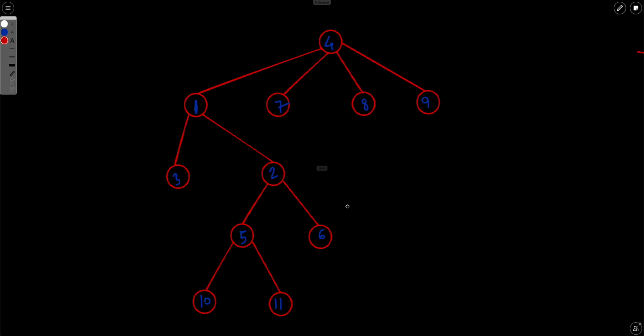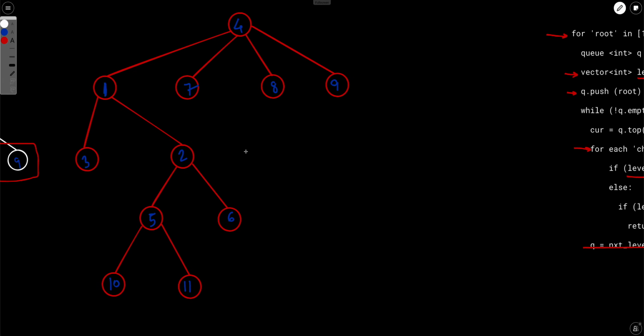Let's look at it. Let's say you are at this level, visiting 2 currently, so this is your current node. Now, when you are visiting the children of 2, you will get 1, right? You will not say that this is not a valid configuration.